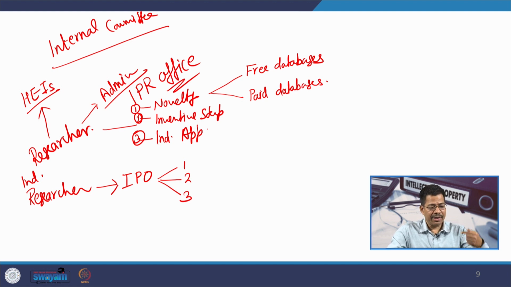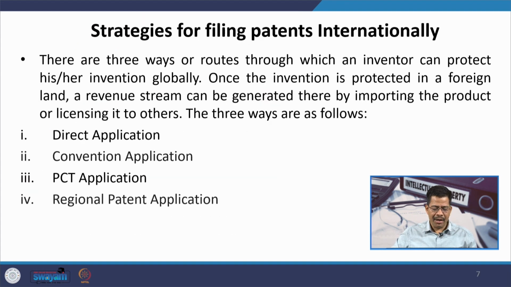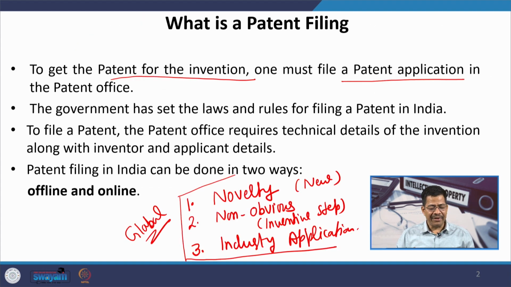So, if I want to make my organization an IP savvy organization, I can go for more and more paid databases, so that my researchers can have more confidence about their research. So, this is the first step in this process of filing the IP.